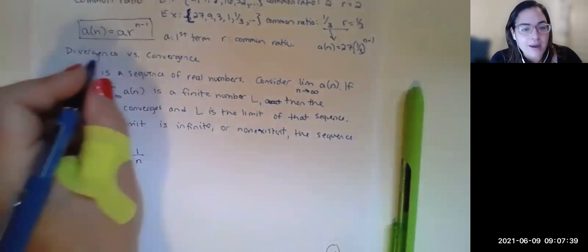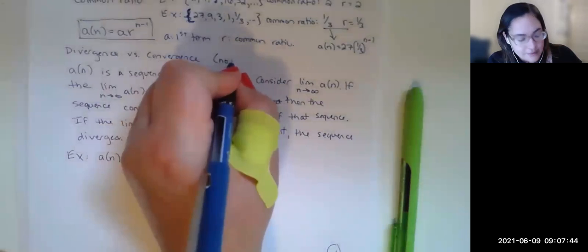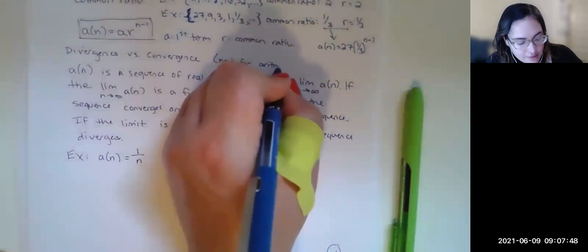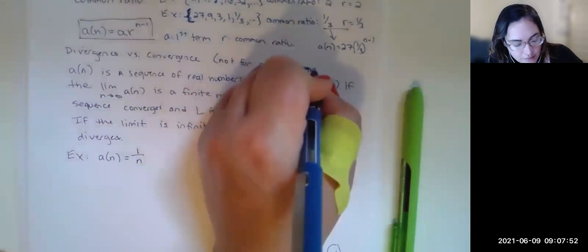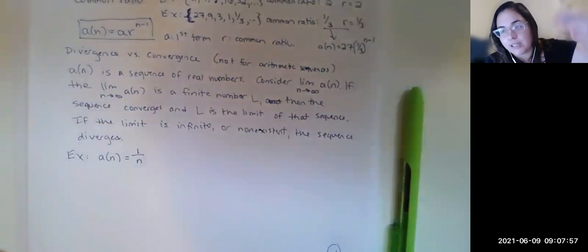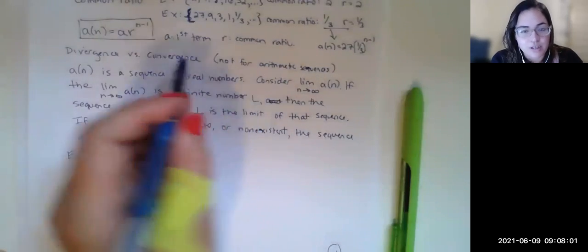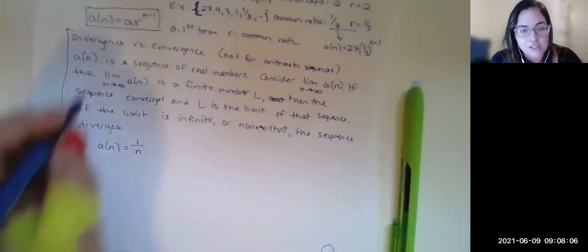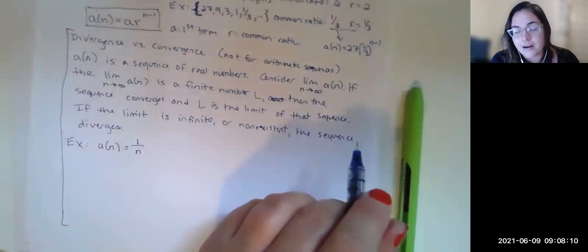And by the way, this won't be for arithmetic sequences because since you're adding each time, you're going to go to infinity or negative infinity. This is only really for geometric sequences. So this whole piece of divergence versus convergence is just for geometric sequences, not arithmetic.